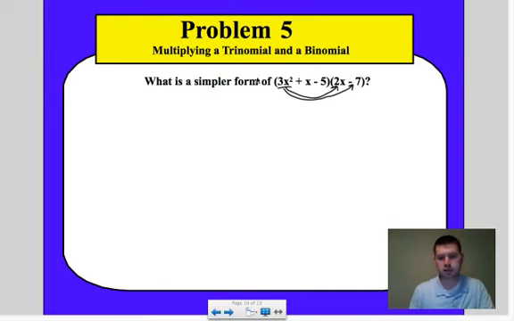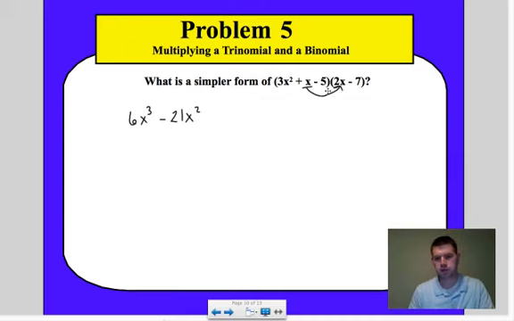So if I take 3x squared times 2x, I get 6x cubed. If I take 3x squared times negative 7, I get a negative 21x squared. Okay, so now I have that part. So basically I start again, but I start in the middle term now.